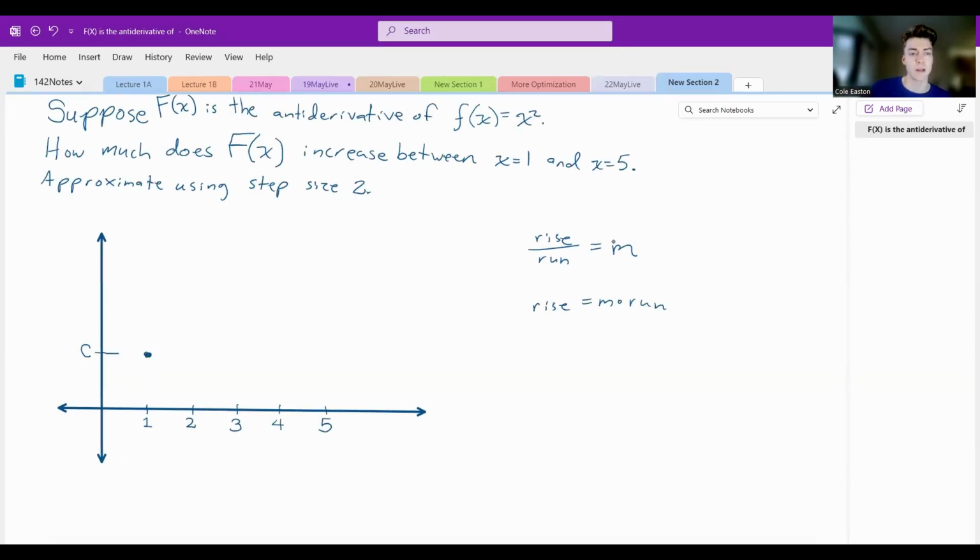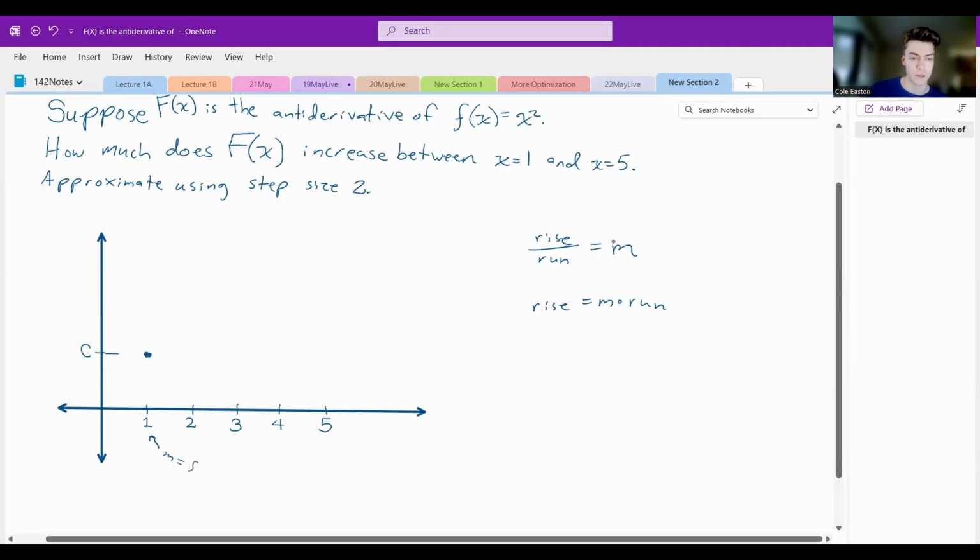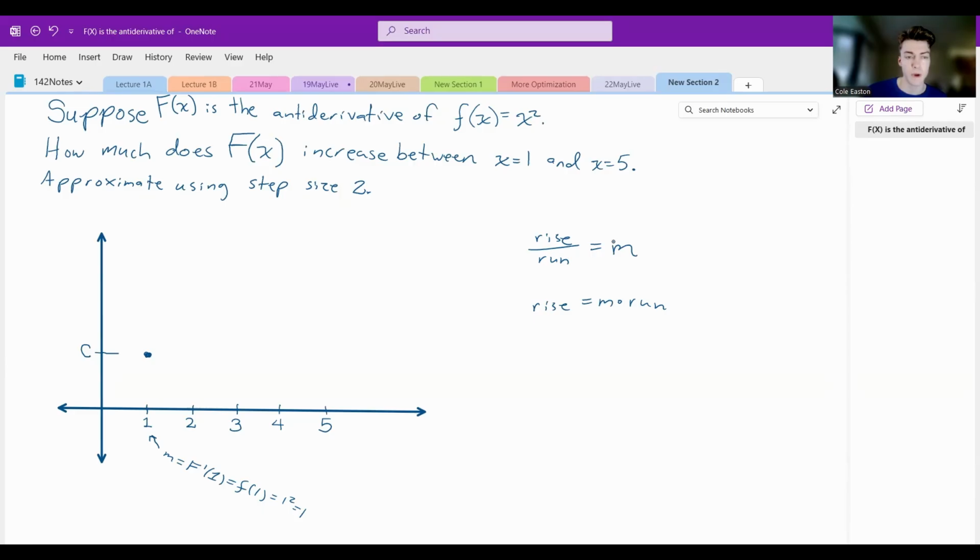Now, approximating our big F by line segments, we're going to have to find the slope at all of the points that begin our line segments. So at 1, we have n equals big F prime of 1, which is our little f of 1, which is 1 squared, and so that's 1. So our slope is 1. Since we're approximating with step size 2, we're going to go over by 2.